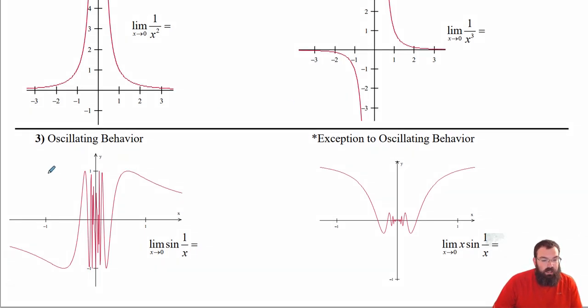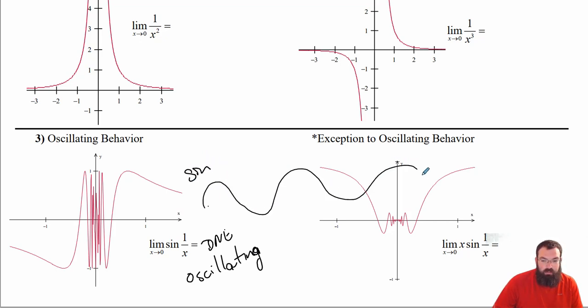This one is the limit as x approaches 0 of sine of 1 over x. This is a does not exist as well, because this is what we call oscillating. I can't spell. Hopefully I spelled it. Yeah, I did. What that means is the sine function, right? Remember, it goes up and down and up and down and up and down.